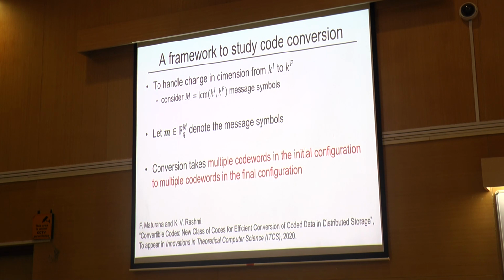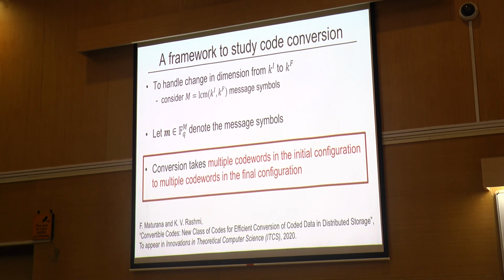Because we are considering the LCM of kI and kF message symbols, and more importantly, since k is changing, during conversion what you need to keep in mind is that multiple codewords in the initial configuration are being converted into a different number of multiple codewords in the final configuration, right? So this need to consider multiple codewords is very different from the reconstruction problem that we saw earlier, for example, where we could just focus on one stripe, so to say.